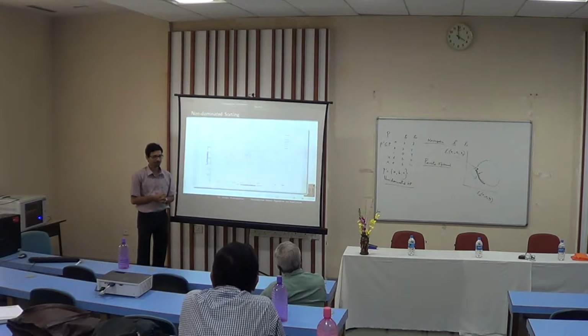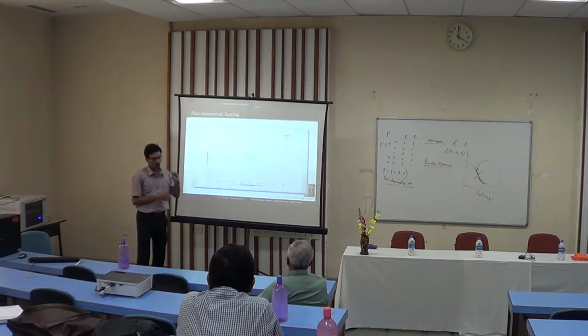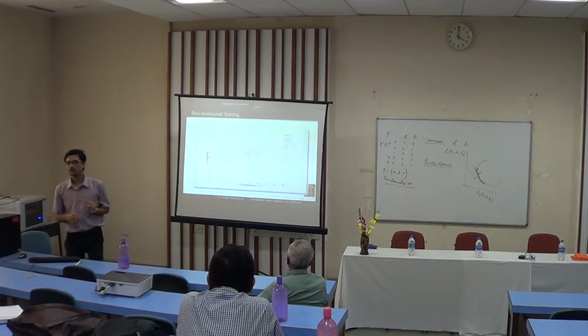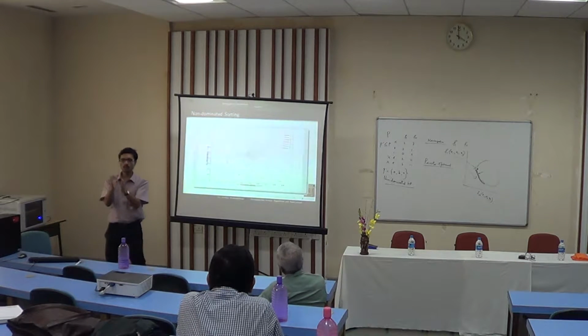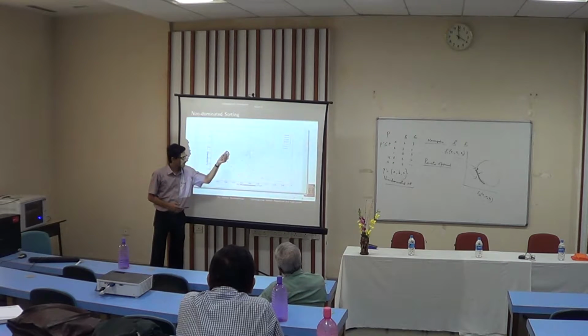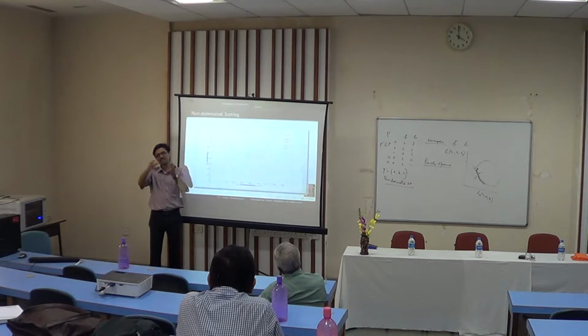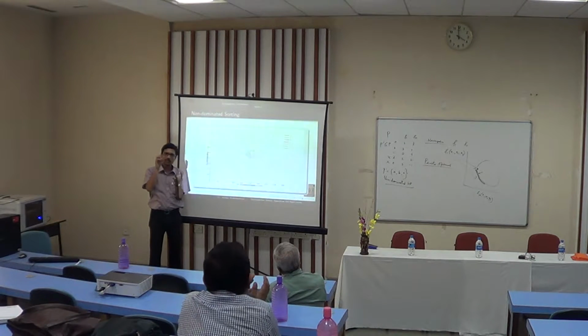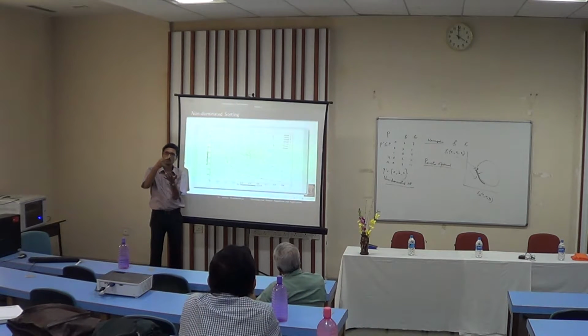Let me discuss that. In NSGA1, when the two solutions come from two different ranks, fine, the lower rank solution is put in the mating pool. If they come from the same rank, then between these two, a random solution is put in the mating pool.